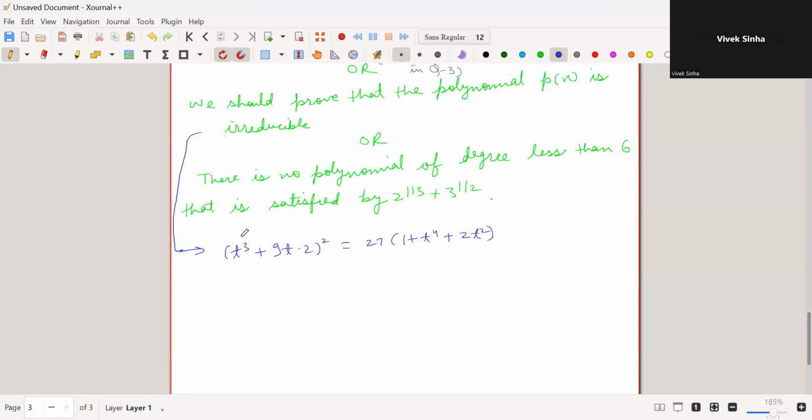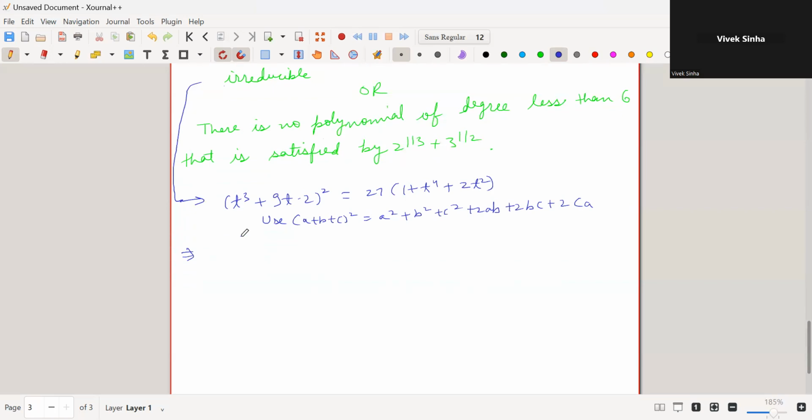Expand it, you will get t raised to 6. Use (a + b + c)^2 = a^2 + b^2 + c^2 + 2ab + 2bc + 2ca. This is true if a, b, c are in a commutative ring with unity, and here we are working in Q, so it will definitely hold.